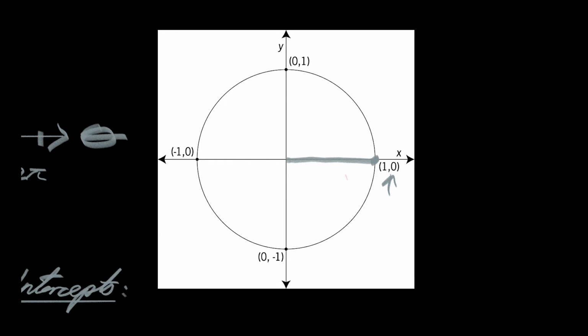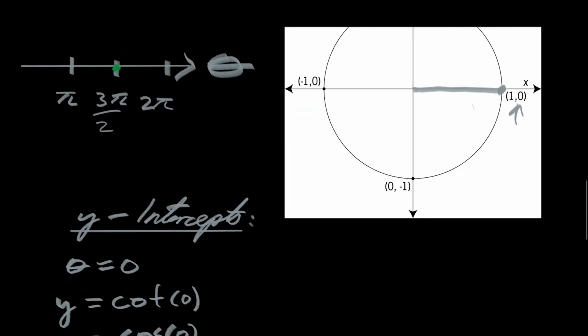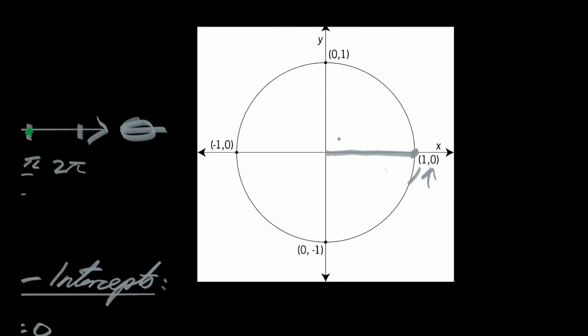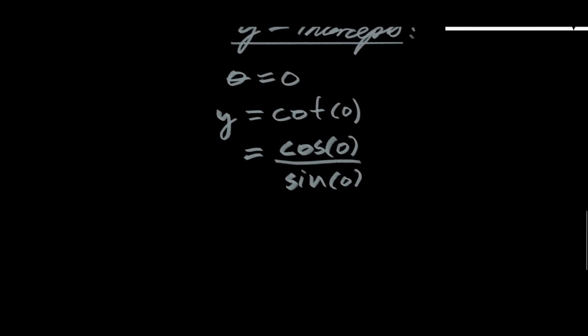So this corresponds to an angle of theta equals 0 on the unit circle. And you can also see, not that it matters, that cosine of 0 is going to equal 1. It doesn't matter because we're going to have 0 in the denominator, which is undefined, but you could spell it out if you wanted to by writing this, and then you could say it is undefined.